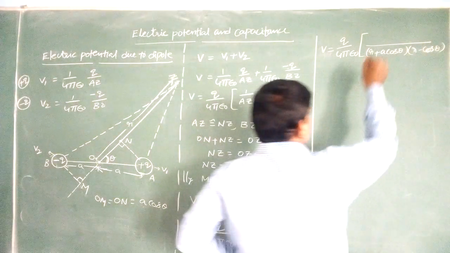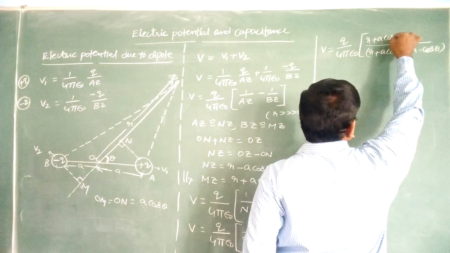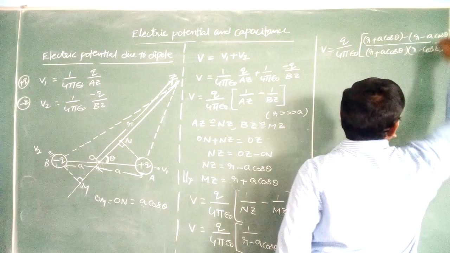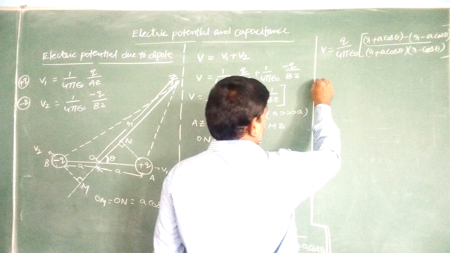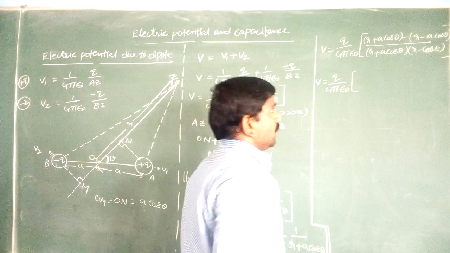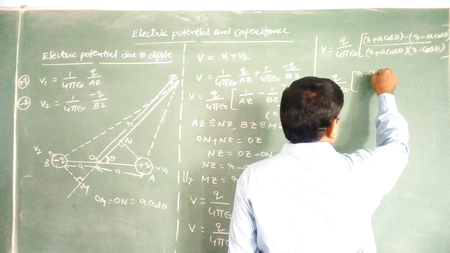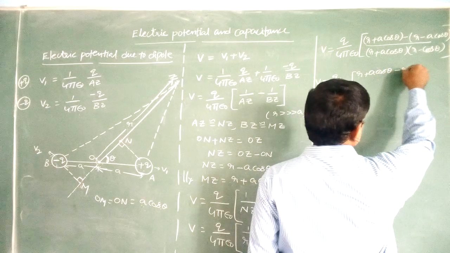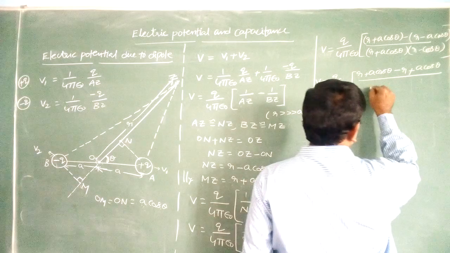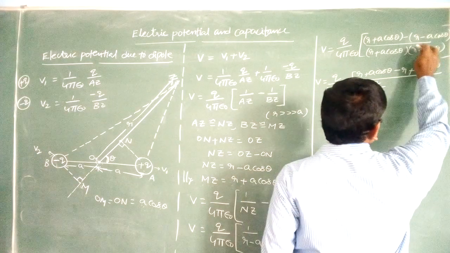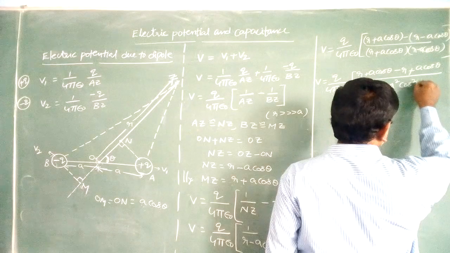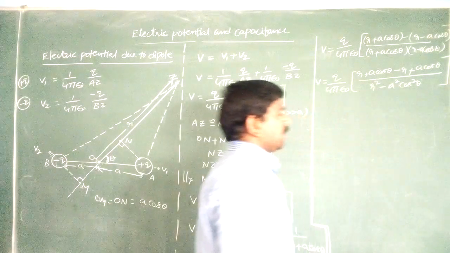Therefore in the numerator we get R plus A cos theta minus R minus A cos theta. So V is equal to Q by 4 pi epsilon naught into, separating those terms, R plus A cos theta minus R plus A cos theta whole by R squared minus A squared cos squared theta.